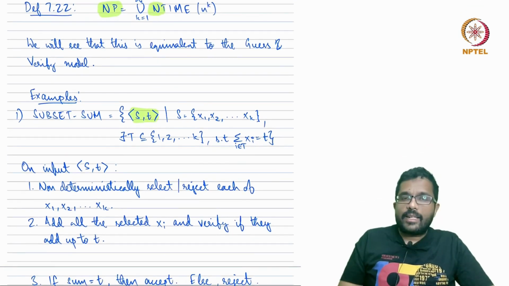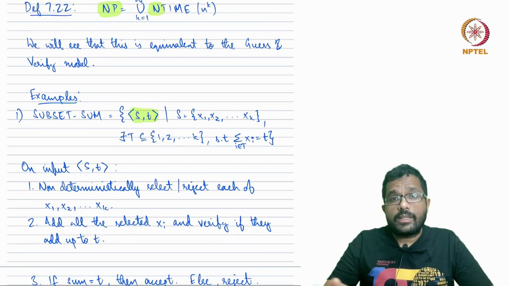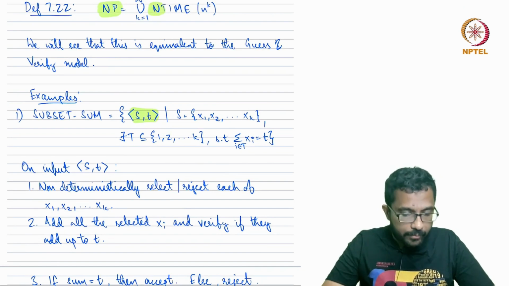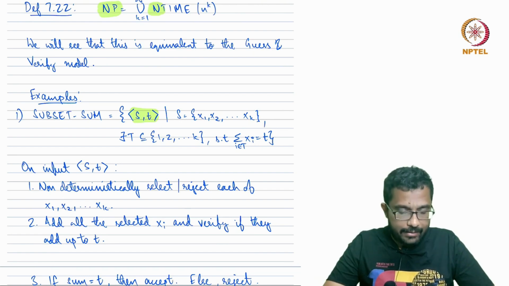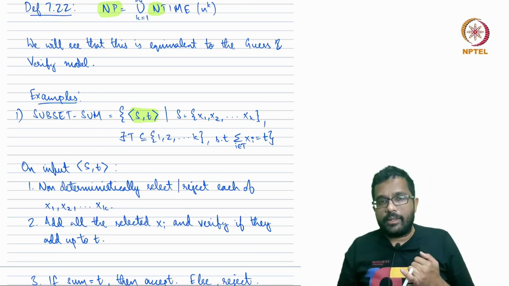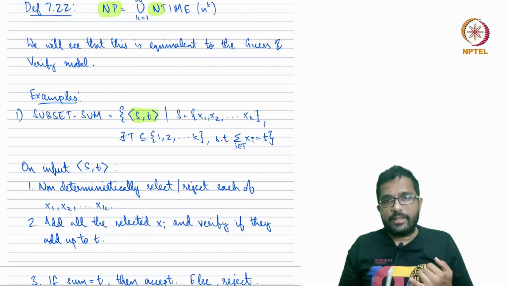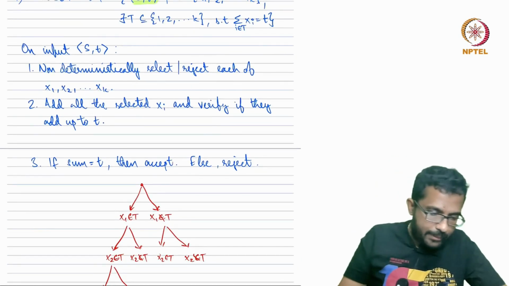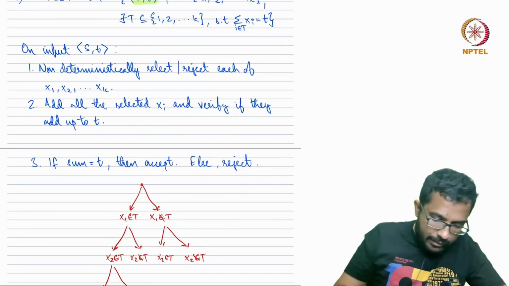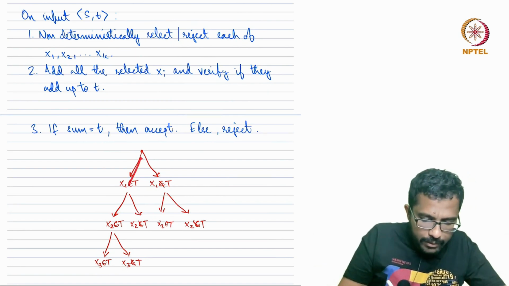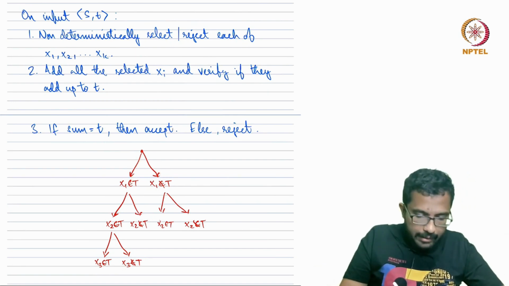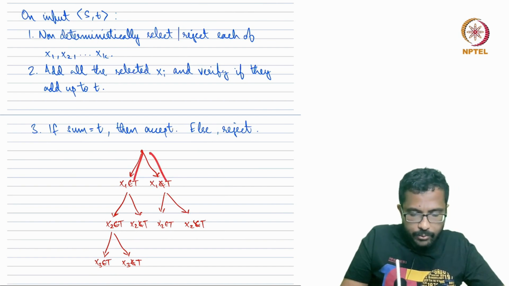However, now let me describe a non-deterministic approach for this. We non-deterministically select or reject each element of the set S. We come to x1, you either select x1 or reject x1. I've described it in a tree here. First we decide to include x1 or exclude x1, where left means including and right means excluding.